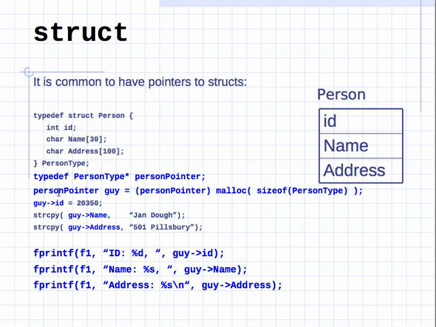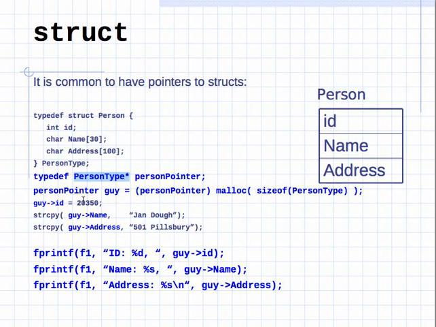So we can typedef this struct person as person type, and then we can say, all right, now I need another alias for pointers to this type of struct. So this typedef is saying I'm going to create a new alias called person pointer, and this is going to be equivalent to a pointer to this person type, which is actually just an alias for a struct. Okay, I hope you can track all of that.